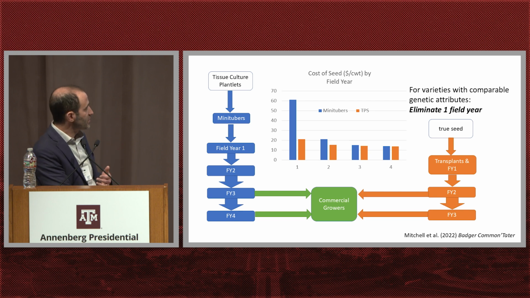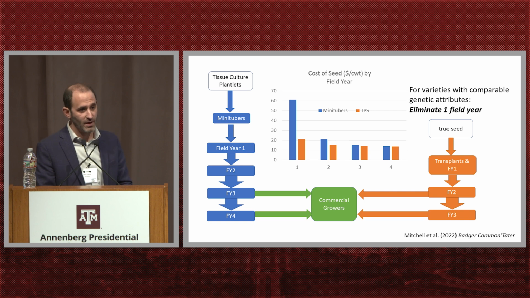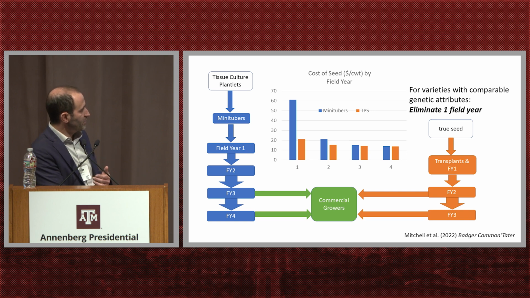You can produce field year 1 seed at potentially half or even a third of the price of what it costs right now to do it by mini tubers. It basically allows you to skip a year, and so a commercial grower could buy Generation 3 seed for the same price that they're currently buying Generation 4 seed.